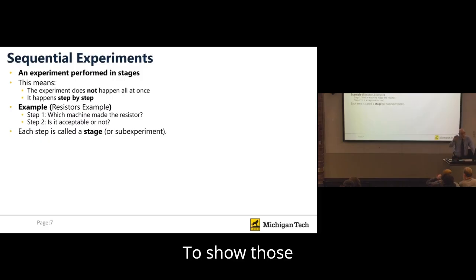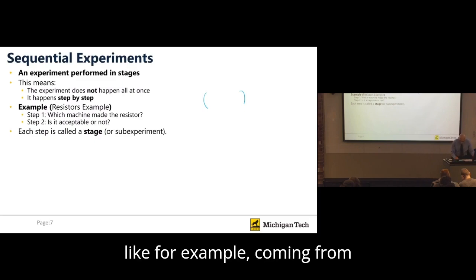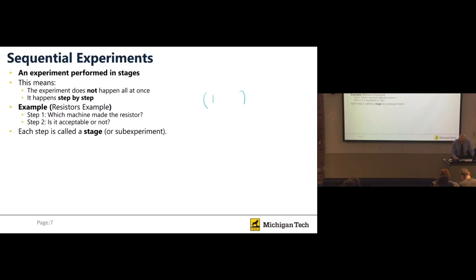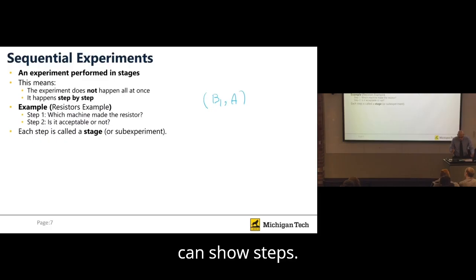To show those events, we can write them like a parenthesis, for example, coming from B1 and acceptable. With parentheses, we can show steps.